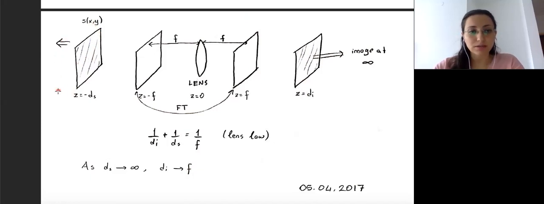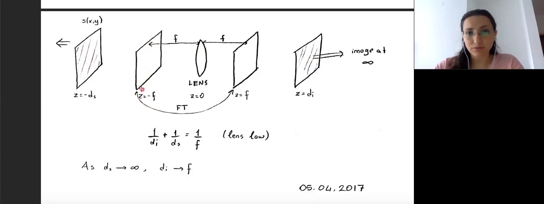So let's do that. Let's consider that this source plane is at infinity, at minus infinity. Then as this wave arrives at distance f from the lens, it's going to have the Fraunhofer propagation model. And we can say that we're going to basically see the Fourier transform of the source in this plane, because the object was at infinity.